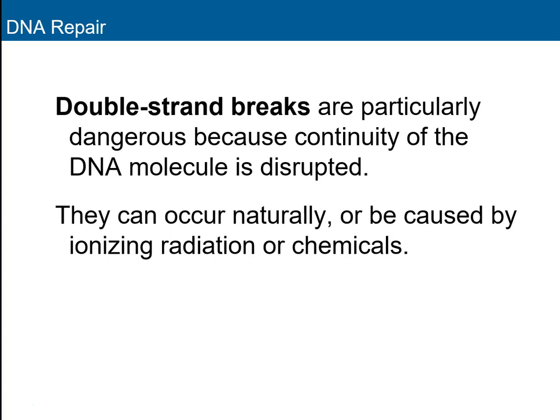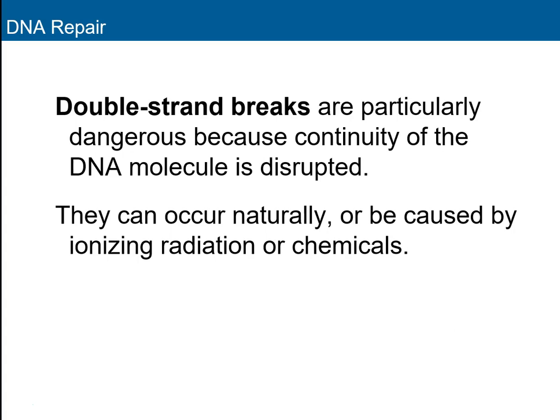So everything we've been talking about so far has basically been on just one strand, and the cell still has the template strand to know what's supposed to be incorporated there. As you might imagine, if you have a problem on both strands, the cell doesn't know what the correct base sequence is supposed to be.